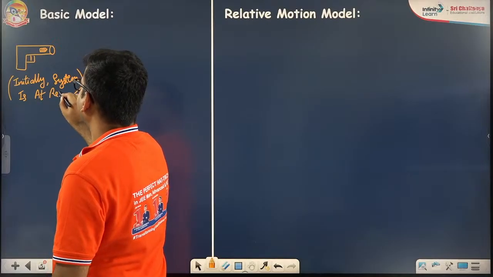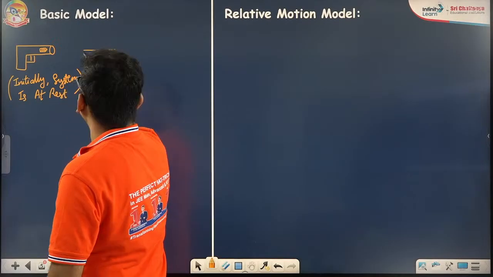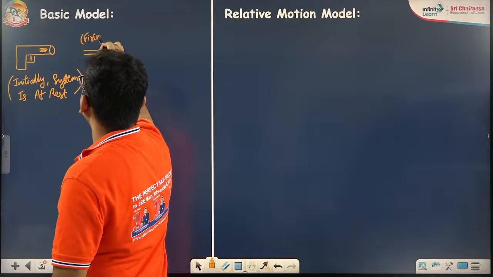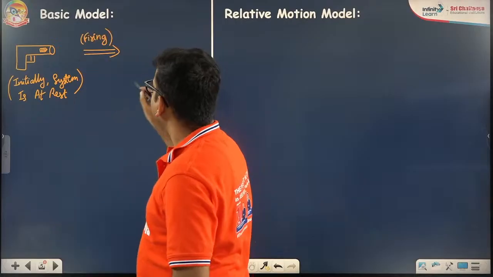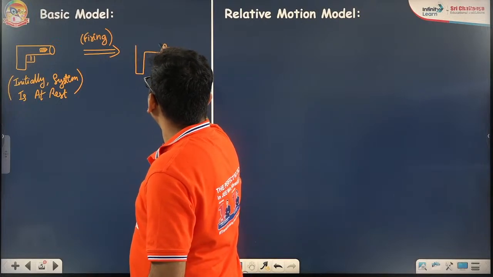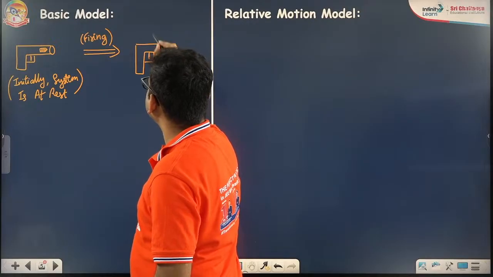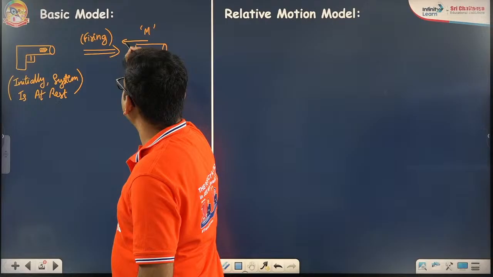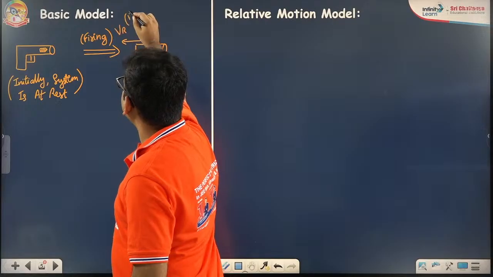All right. Now, finally, what is happening? Firing happened. You fired, right? So what will happen? The gun, say of mass capital M, experiences a recoil velocity.